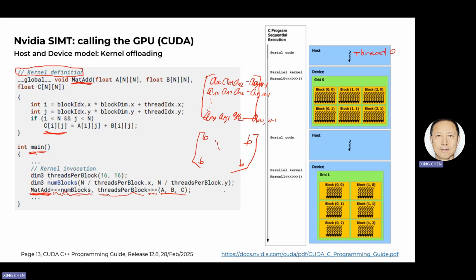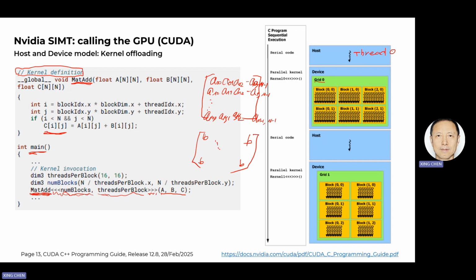The reason for us to have these parameters is that because you have lots of threads, you have to have a way to organize all these threads. The easiest way to organize these threads is to put them into groups, into blocks. Here you have a grid of threads.